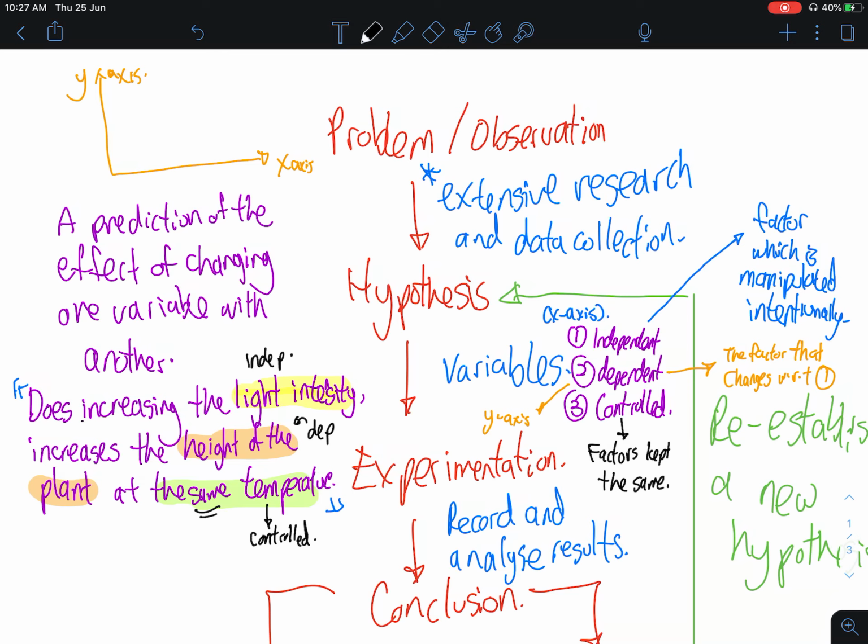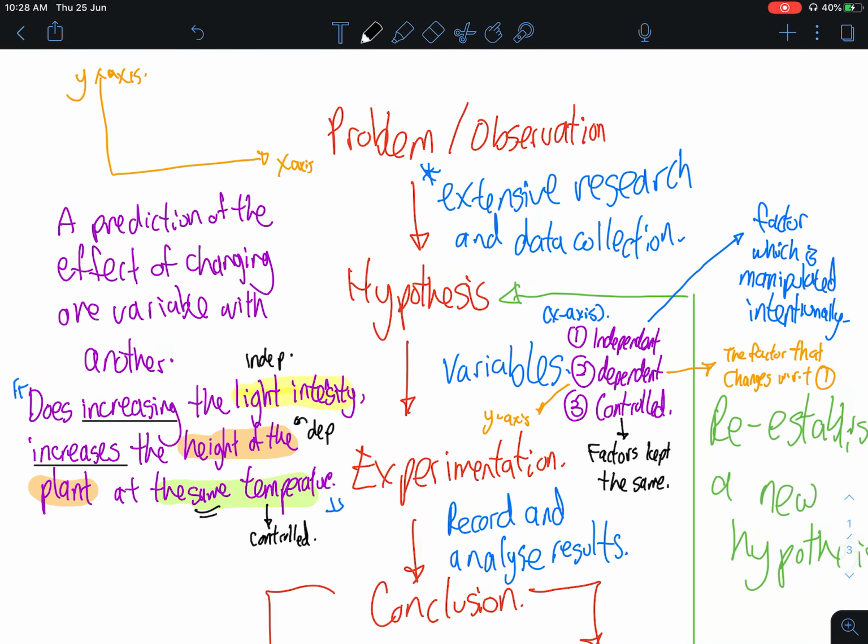So relationship means how it affects. So the words that are underlined are examples of relationship. So how does the relationship of the independent variable influence the dependent variable, considering that the other variables are kept constant? You have to give the exact names depending on what is given. Okay, so that is how we usually phrase our hypothesis.